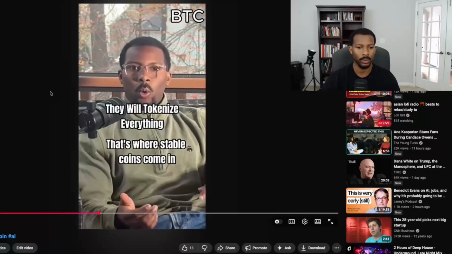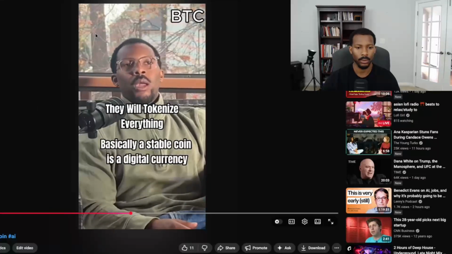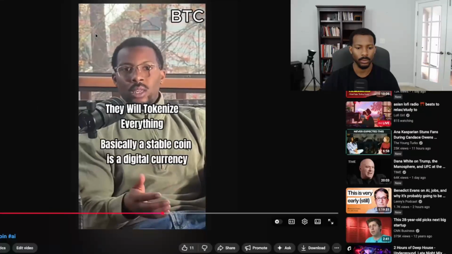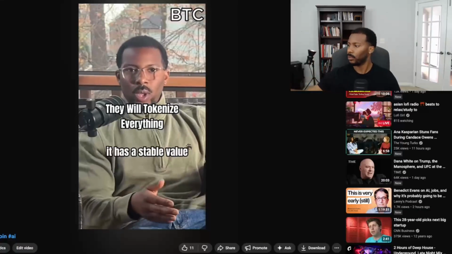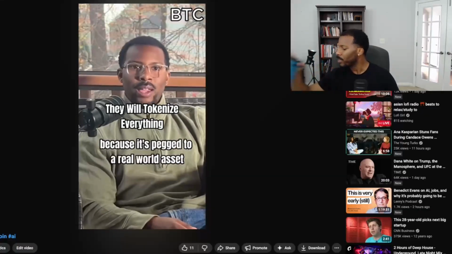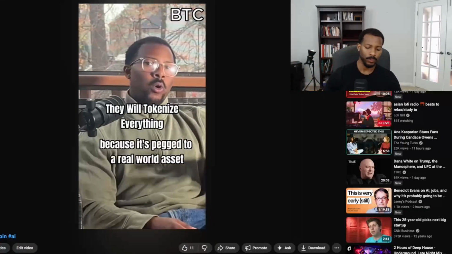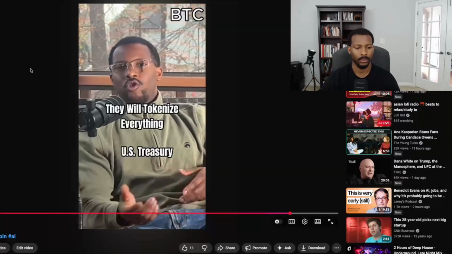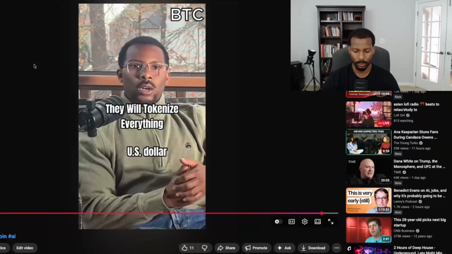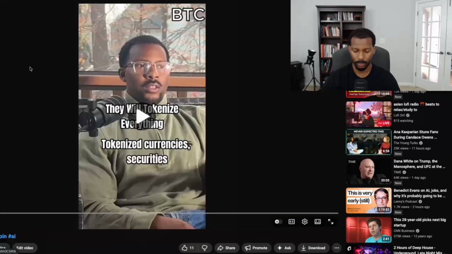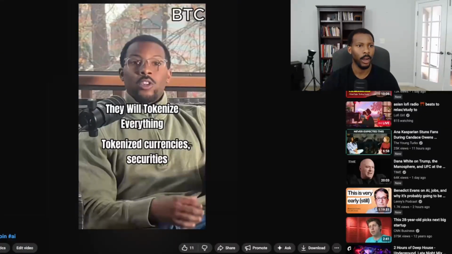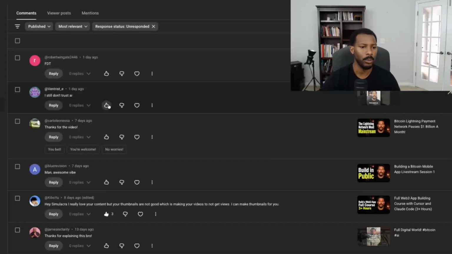That's where stablecoins come in. A stablecoin, a digital currency, has a stable value because it's pegged to a real world asset like US Treasuries, the US dollar, or gold, tokenized. So that was me talking about how they're trying to tokenize everything.